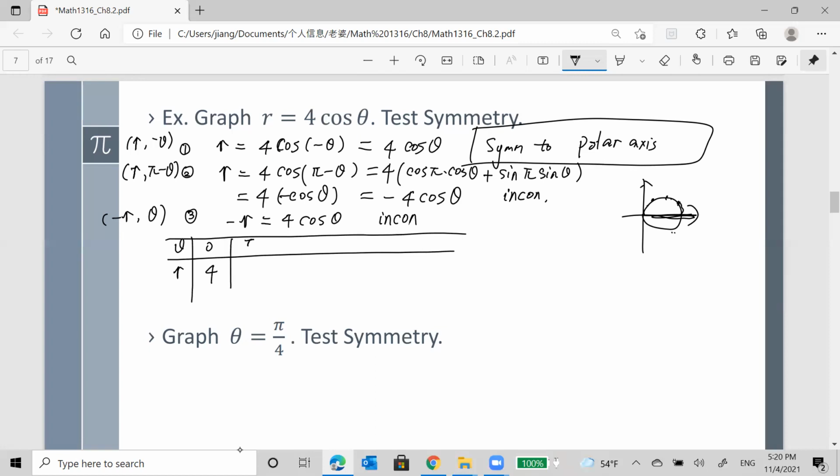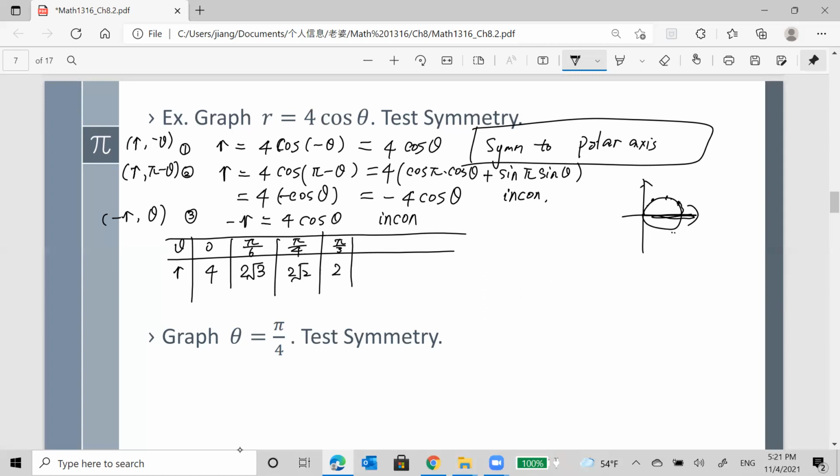Then pi over 6: cosine pi over 6 is square root of 3 over 2, so 4 times square root of 3 over 2 is 2 times square root of 3. Pi over 4: cosine pi over 4 is square root of 2 over 2, so that's 2 square root of 2. Pi over 3: cosine pi over 3 is 1/2, and 4 times 1/2 is 2.